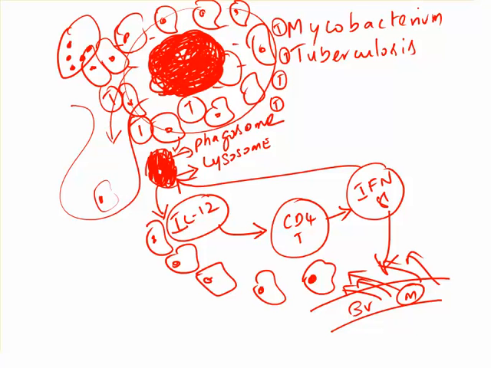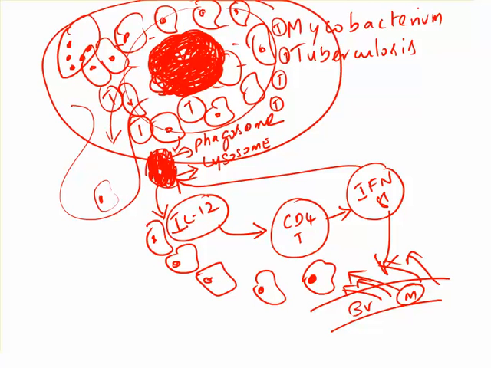It is also surrounded by T lymphocytes, and because of more macrophage crowding, they all fuse and form multinucleated giant cells. So this structure is called a granuloma.